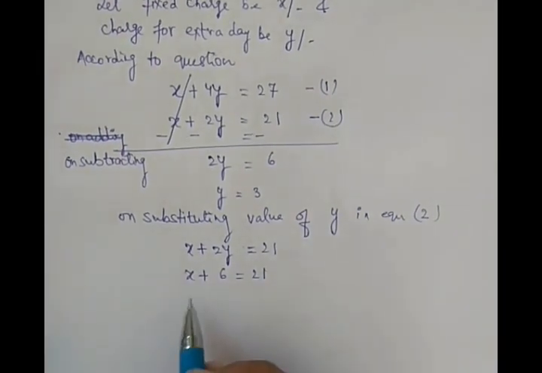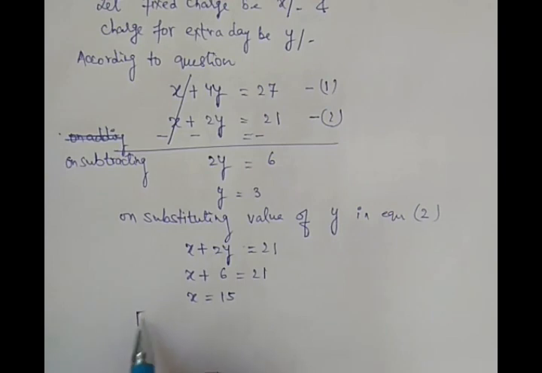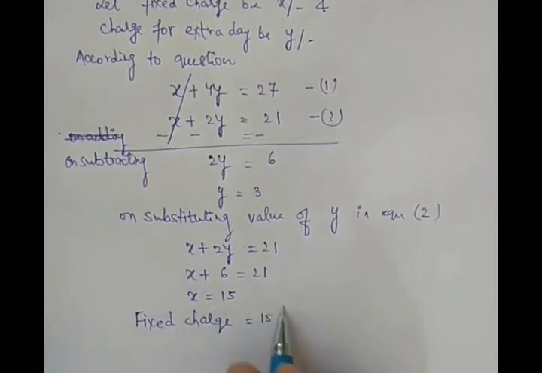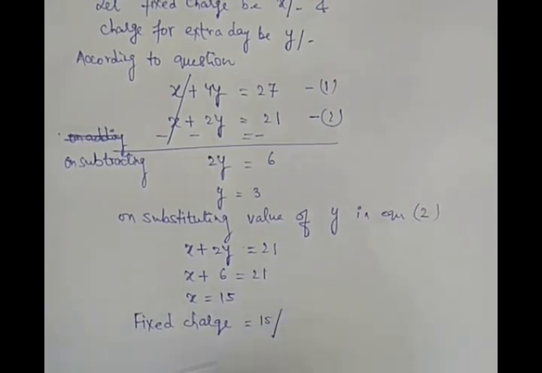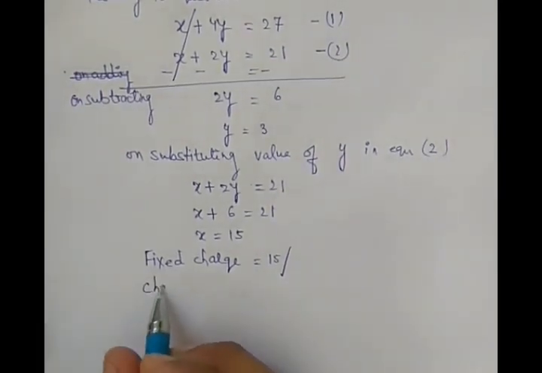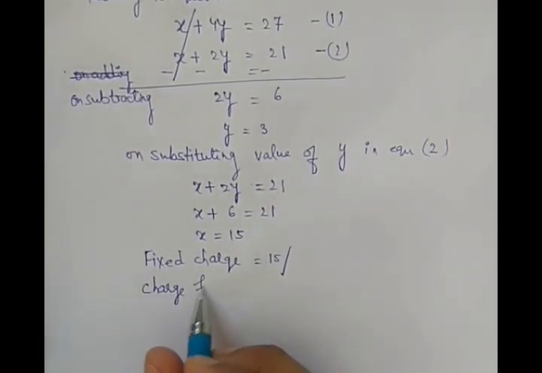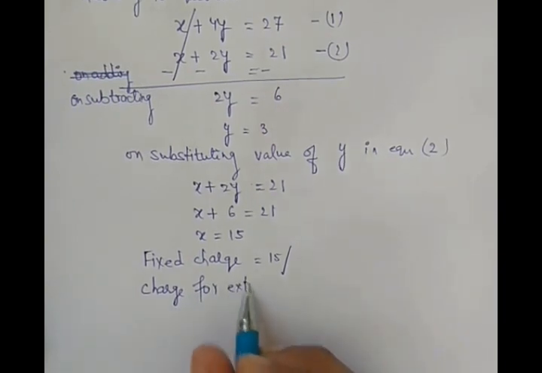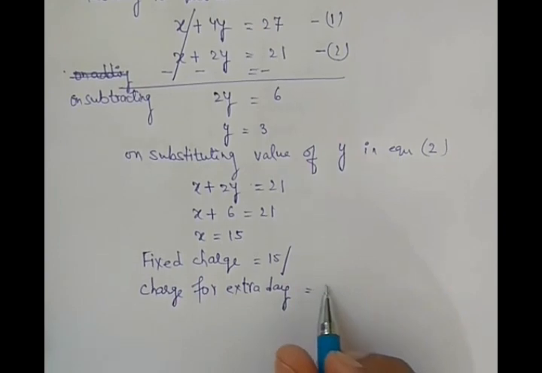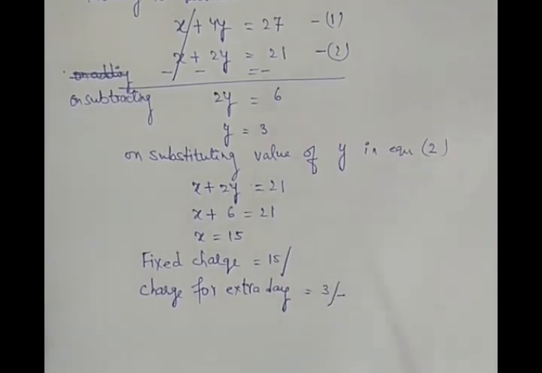Then your x will come out as 15. So the answer is our fixed charge for 3 days is rupees 15 and the charge for extra day is 3 rupees per day.